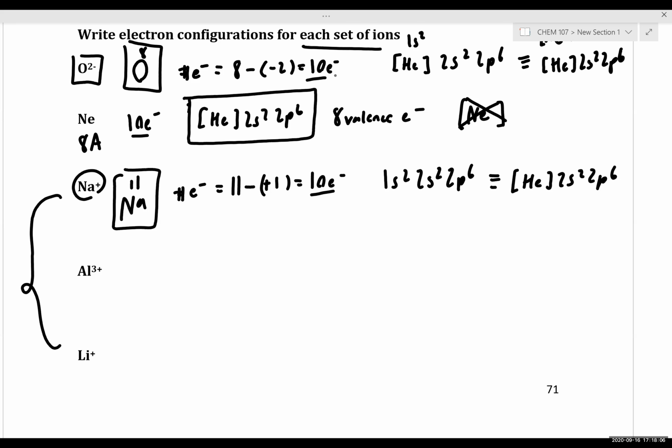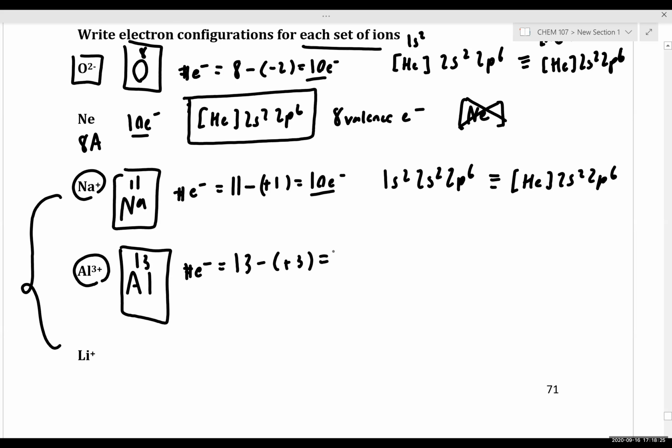Okay, let's look at aluminum. Would someone like to tell me what is the atomic number of aluminum? We need that to calculate the number of electrons. 13. Okay, so for our number of electrons, we have 13 minus a charge of +3. We have 10 electrons. If we have the same number of electrons, will our configuration also be the same?